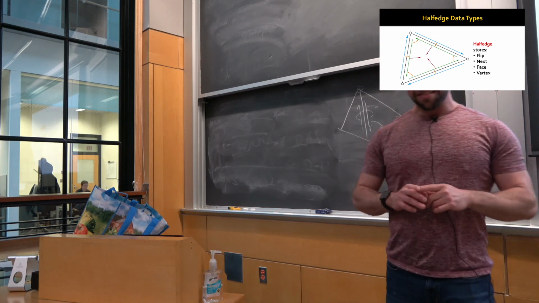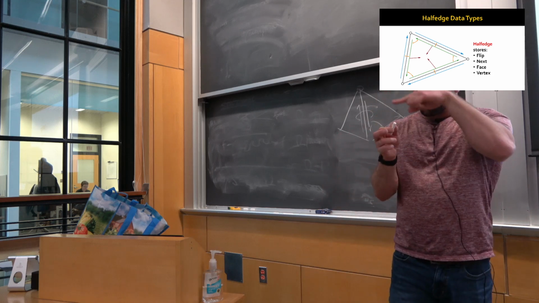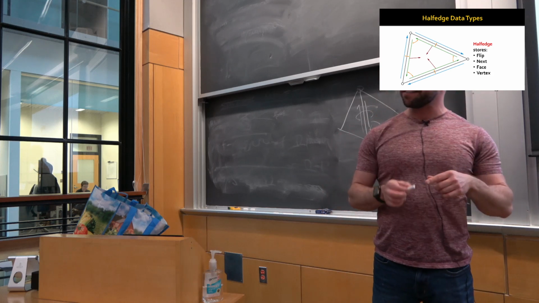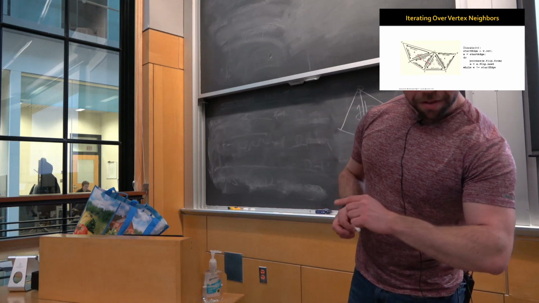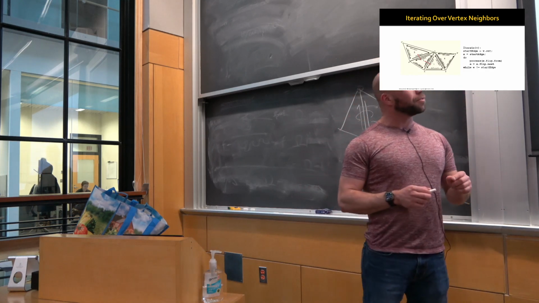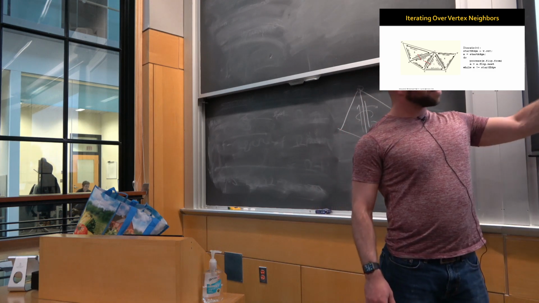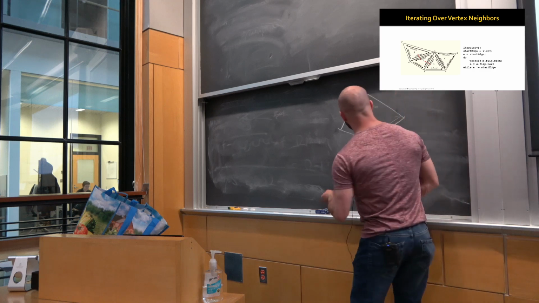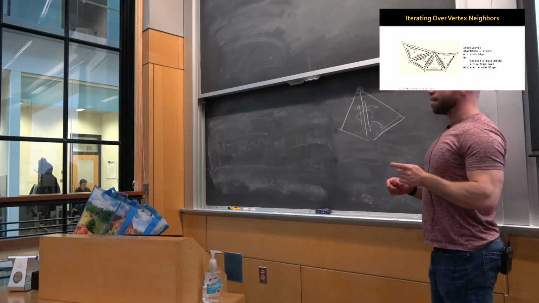Cool. So half-edge data structures are really convenient because you can do sneaky things like walk around the one ring of a vertex very easily. Here I've given you pseudocode for one example where I iterate over all the neighbors of a vertex. Here's how I can do that. Let's say that I'm sitting at this vertex here, and I want one of its neighbors.